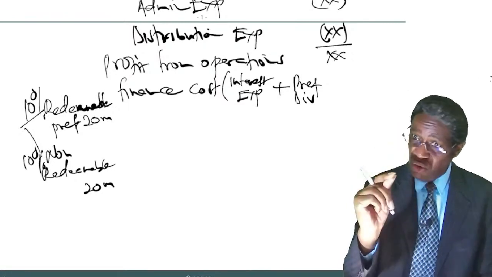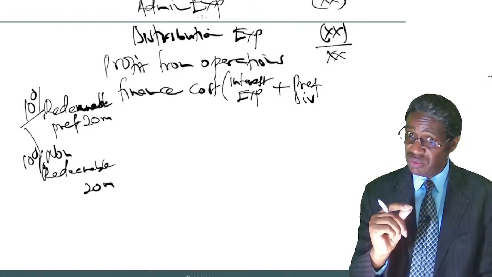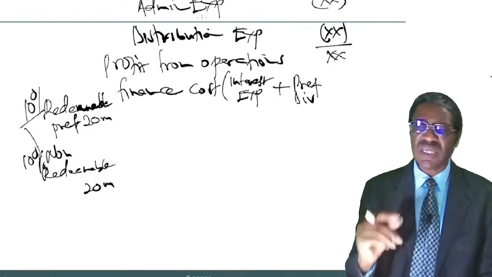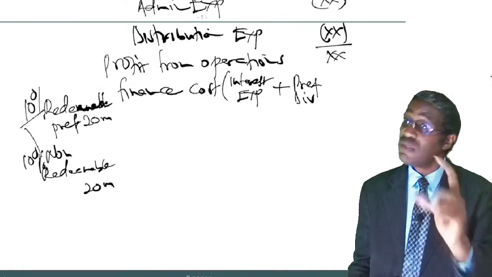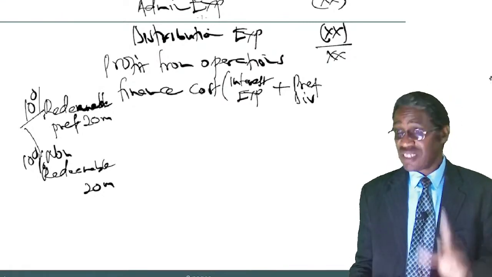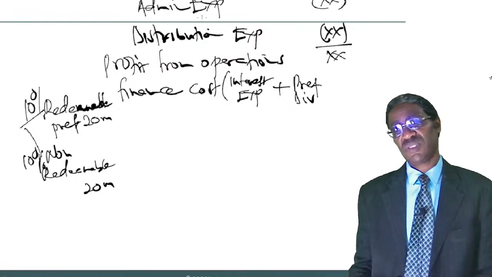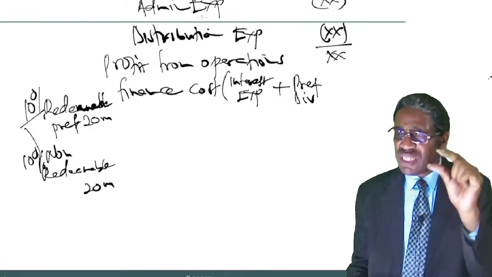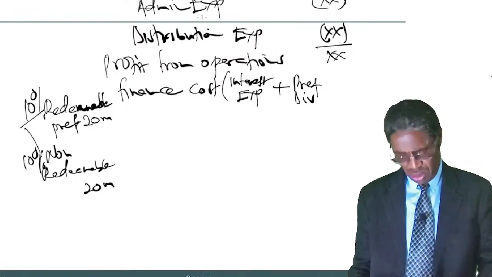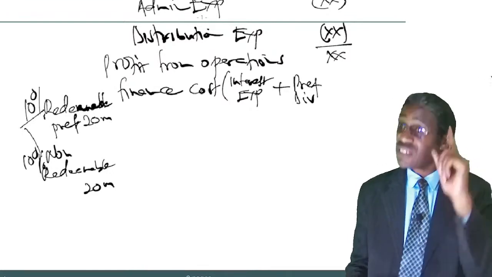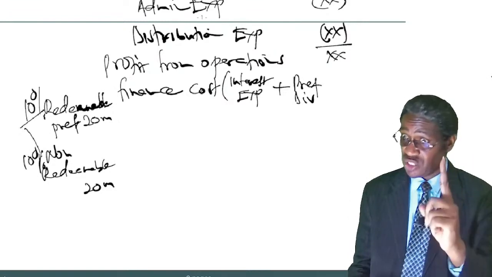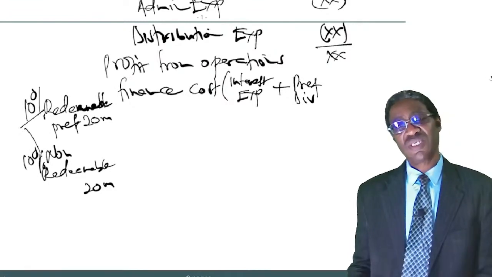Even when you are preparing the balance sheet, you don't take them to the balance sheet in the same place. Let's start from there first. Even when you are preparing the balance sheet for this company, you will not take the two types of shares in the same place in the balance sheet. No. Listen.